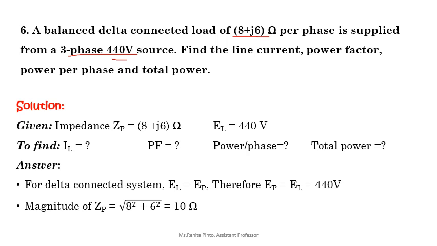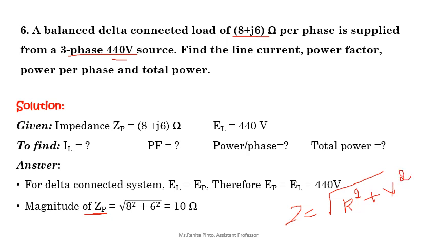So before proceeding to the actual solution, what we'll do is first we'll find out what is the magnitude of the impedance ZP. So you already know Z is equal to root of R square plus X square.